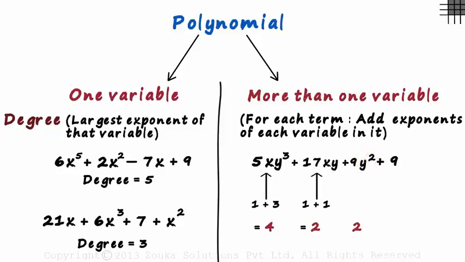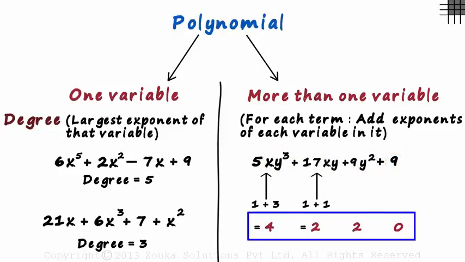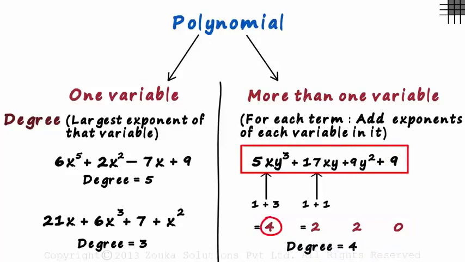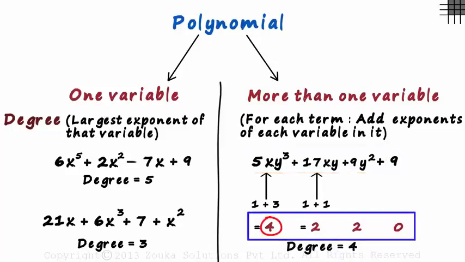And as we have no variables in the last term, its exponent will be 0. Remember, we are looking at exponents of variables. The exponent of variables of the last term is 0. And the largest of these becomes the degree. The degree of this polynomial is 4, which is the highest amongst these.